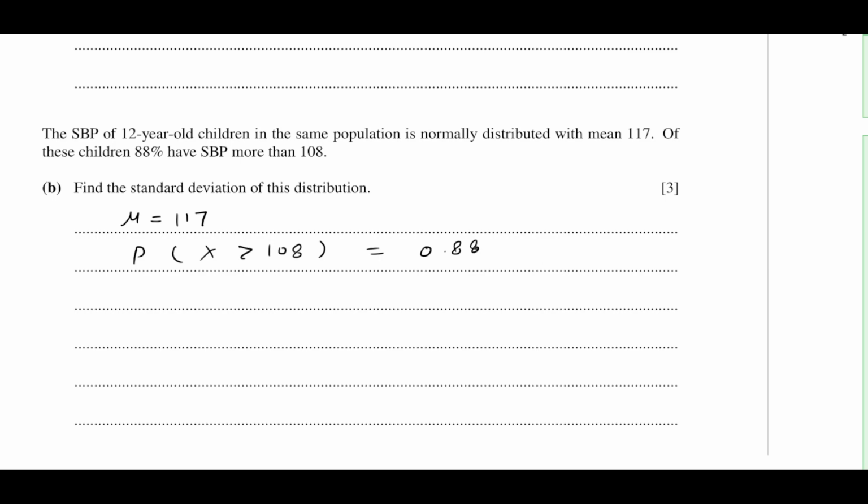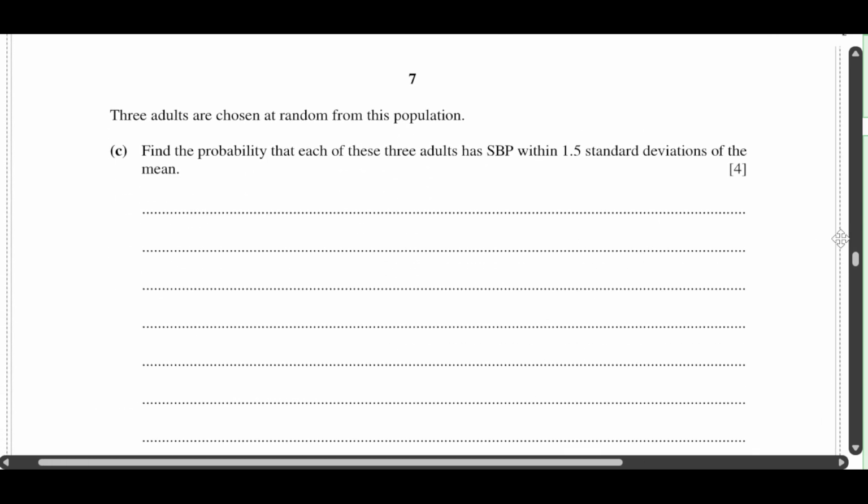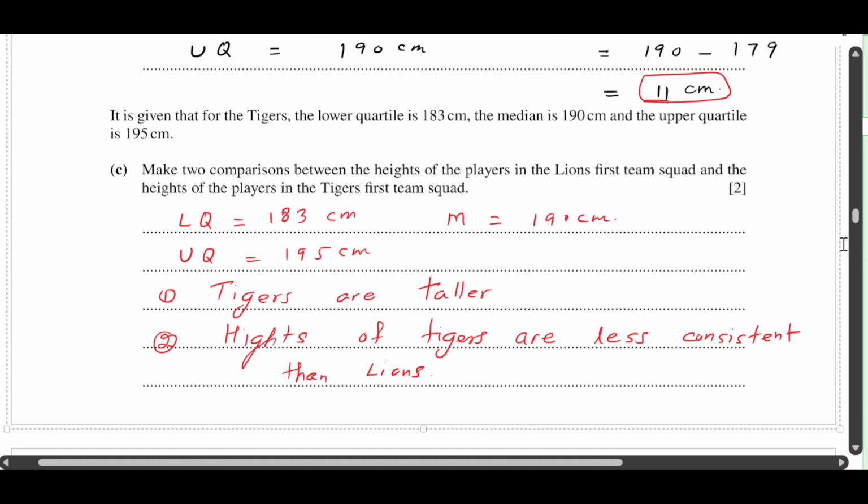So the probability of z more than 108 minus 117 divided by the standard deviation is 0.88. Now the probability is given, so from the chart I have to work out the value of z.